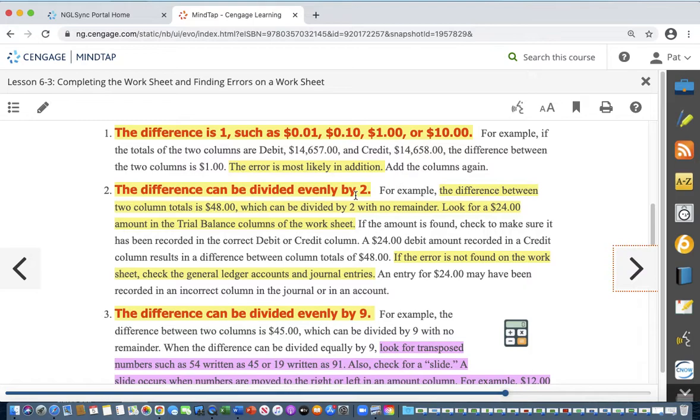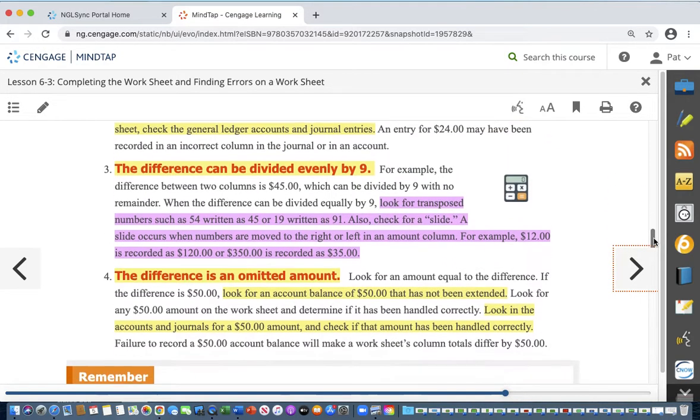So if it was off by 50, I'd go look for something that was 25. Because am I supposed to be in this column and I just put it in the wrong column? So now you got a $50 difference. So if it's evenly divisible by 2, divide it by 2, and look for that item. So if it was 48, I would look for an item 48 that was omitted or 24 that was put in the wrong column. That kind of sort of makes sense.